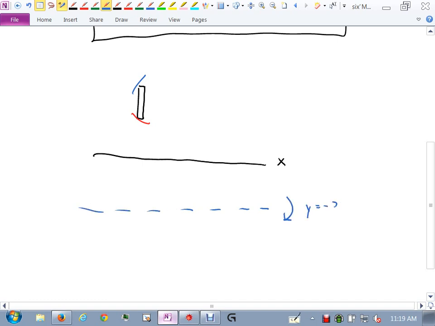Y equals -2 means that if I'm trying to find the distance from the top edge of that rectangle all the way to my axis of rotation, which we call the outer radius, it's going to be the height of that function, which goes from here to here. That's 5 minus x squared. But I'll always have to add this amount, and this amount is fixed at 2. So I will have to add 2 to this.